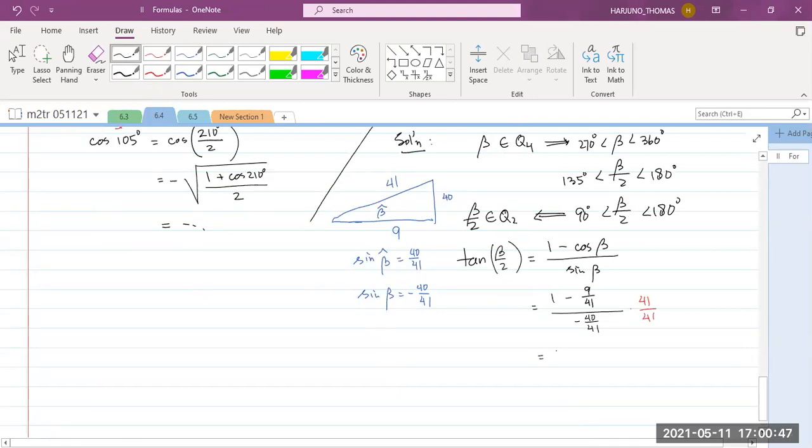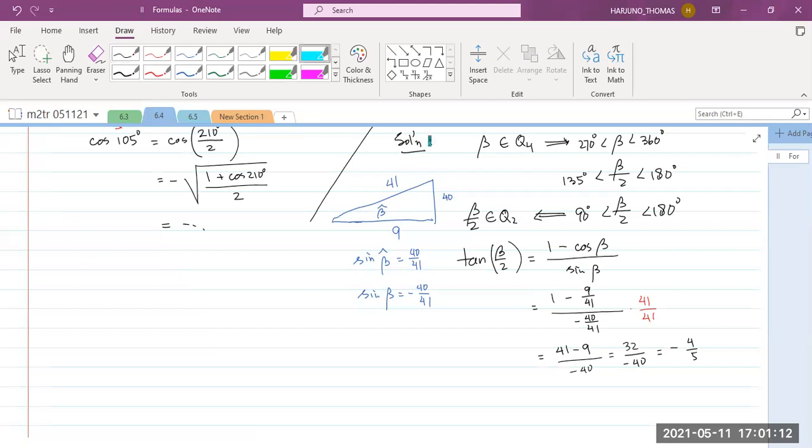I get 41 minus 9 over negative 40. Reduced by 8, that's negative 4/5. As we expect, this angle beta over 2 is in quadrant 2, therefore the tangent has to be negative.